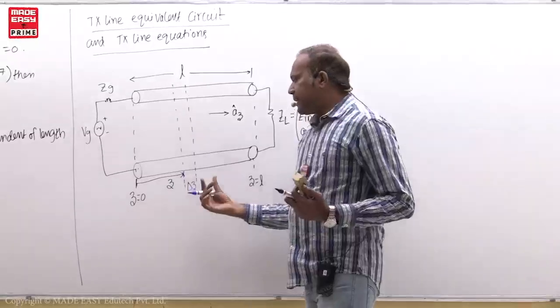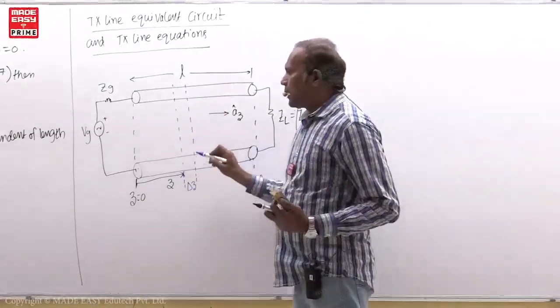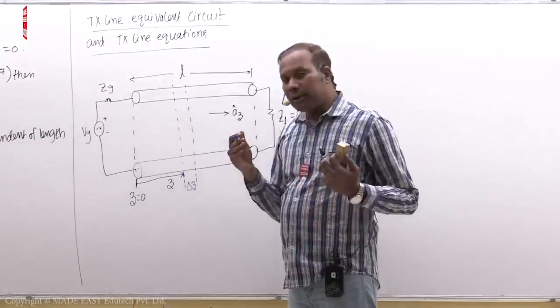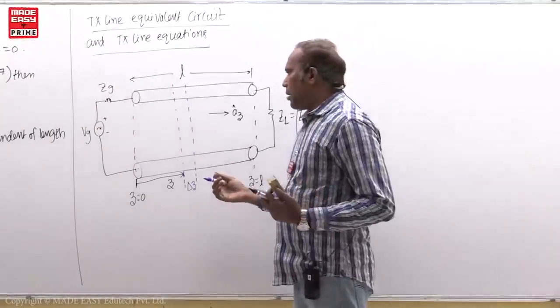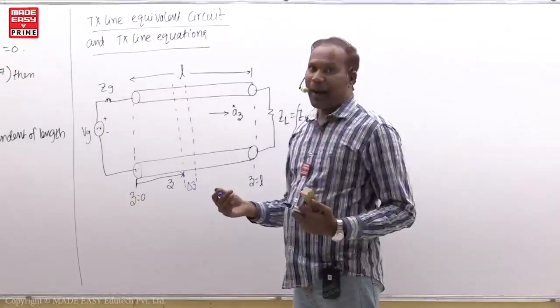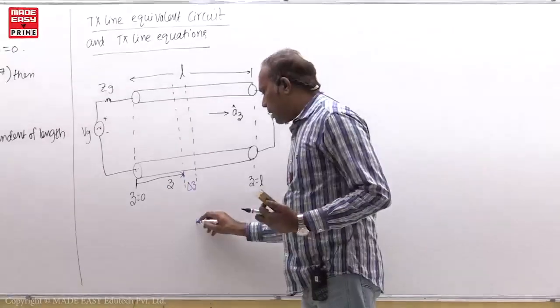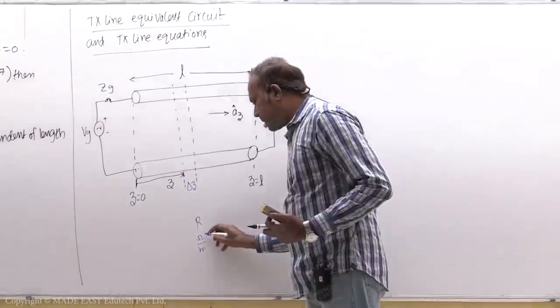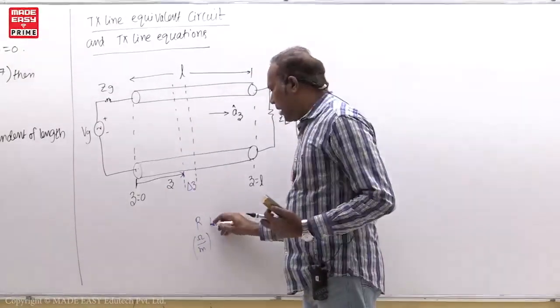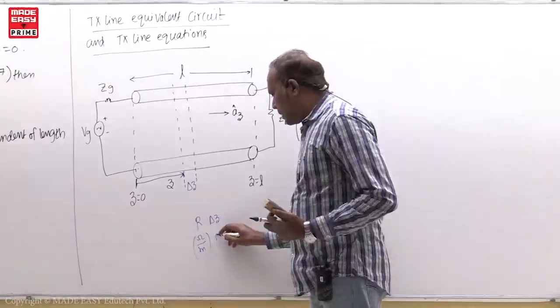For delta z distance, this conductor and this conductor both have R into delta z ohms resistance, because capital R is resistance of both conductors per meter, and this is ohm per meter. You multiply with delta z, then you get ohm.